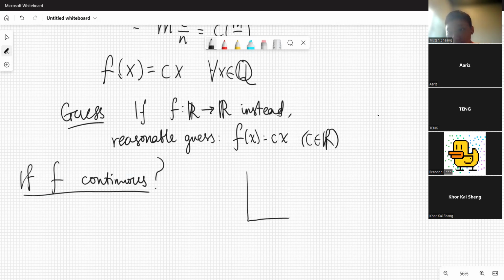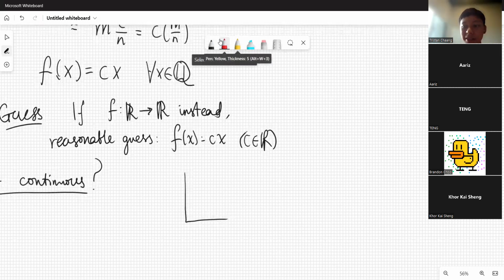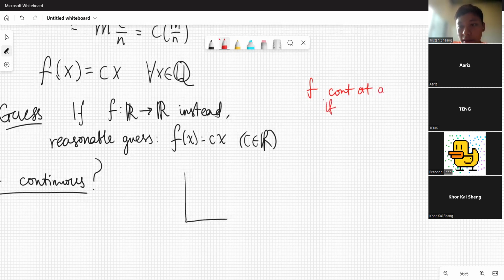F is continuous at a if f(a) equals the limit of x going to a. Yeah, that's one of the definitions. So someone said f is continuous at a if the limit of x going to a of f(x) is f(a).